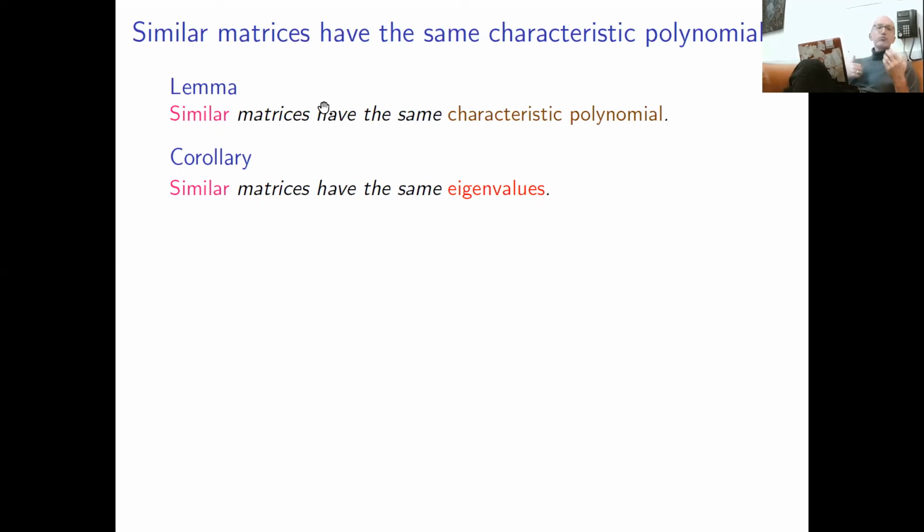Strong advice, prove it yourself. If you fail, read the proof in the lecture notes or in the book. Or you can just Google and find thousands of proofs on the internet. This is an absolutely standard result. So similar matrices have the same characteristic polynomial and the same eigenvalues.